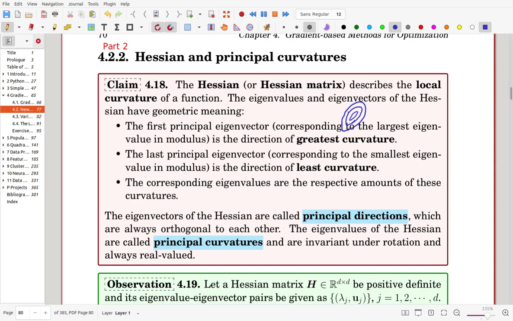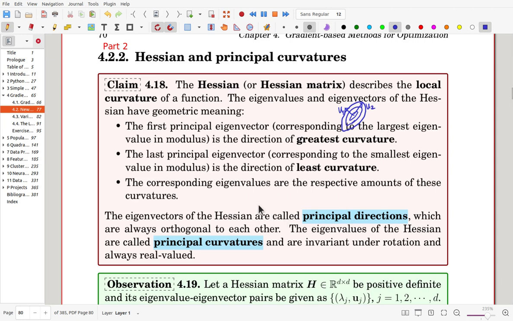Then apparently this direction is the greatest curvature direction, so that one will be u1, corresponding to the first eigenvector and also the largest eigenvalue, and that is u2, corresponding to the small eigenvalue.